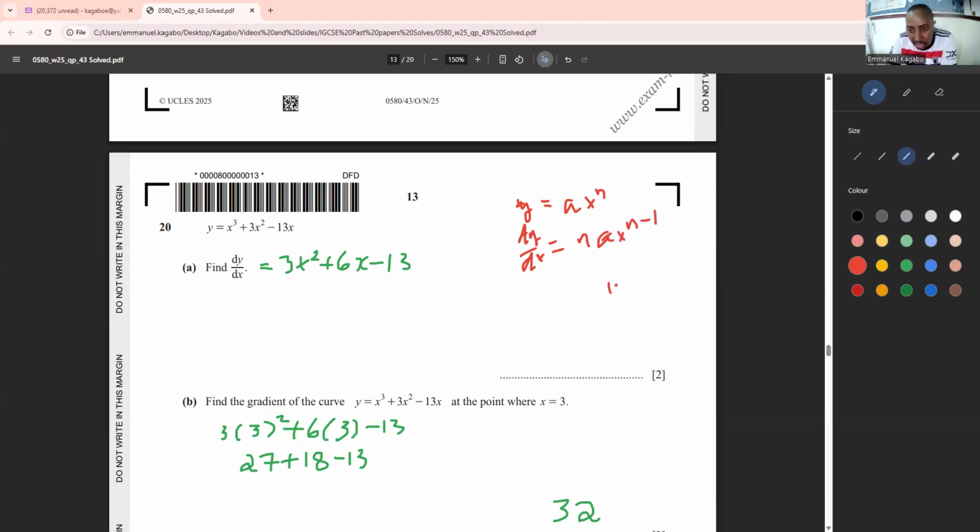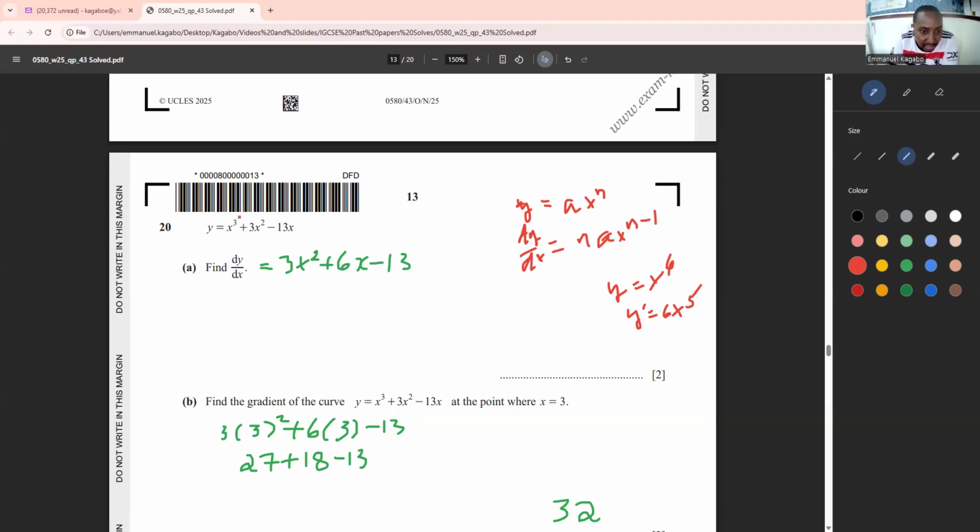That's what I did. For instance, if I say y equals x to the 6, the derivative of this is going to be 6x power 5. You bring this one in front and you do minus 1 on the power. So that's the one I've just applied.